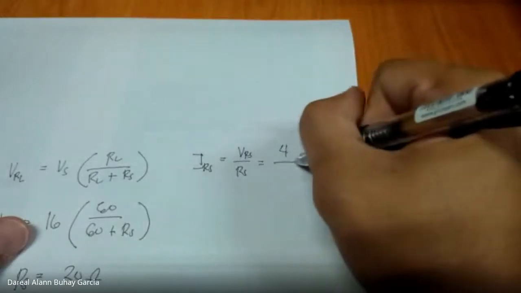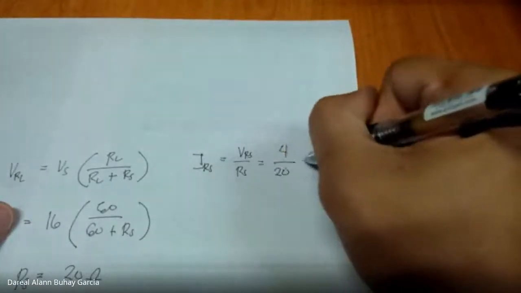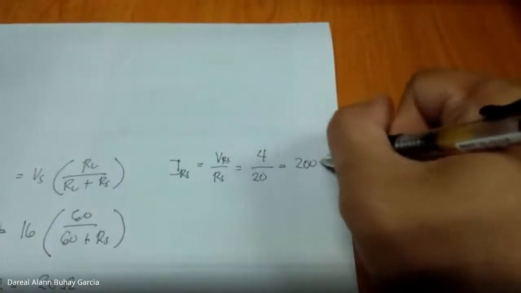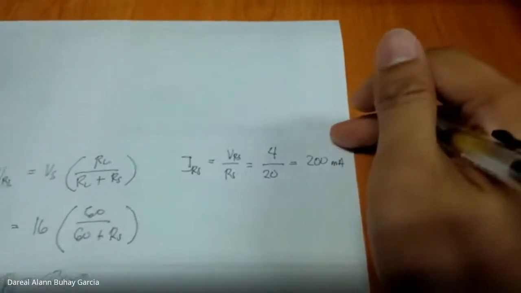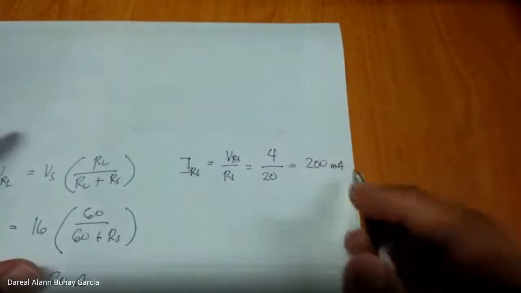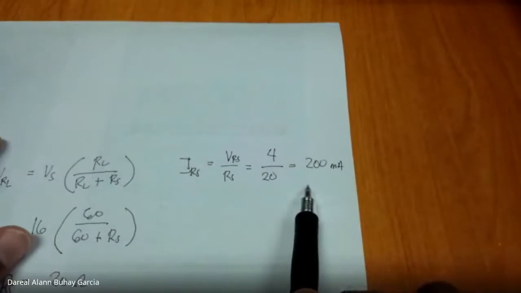So 4 volts over 20, 1/5, 200 milliamperes. Okay, 200 milliamperes.